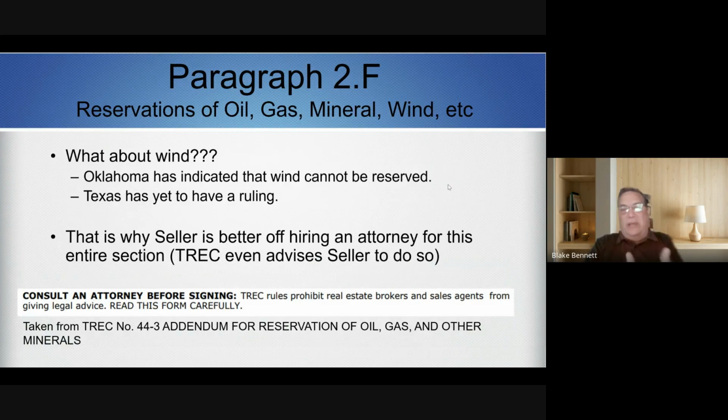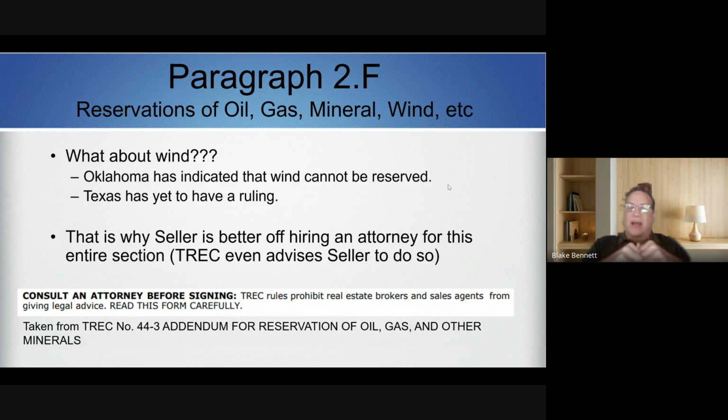What about wind? The wind is kind of up for debate. Oklahoma has said you cannot reserve the wind. In Texas, we don't have a ruling from the Supreme Court. This is why, especially in West Texas, with wind energy still a thing, sellers are better off hiring an attorney here.